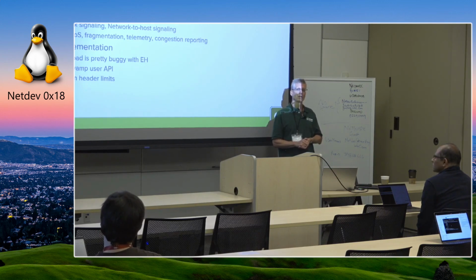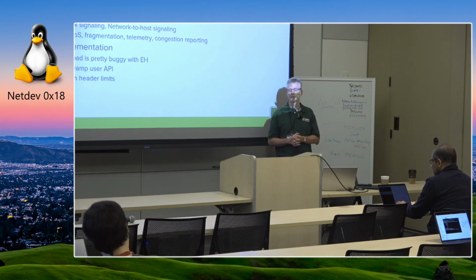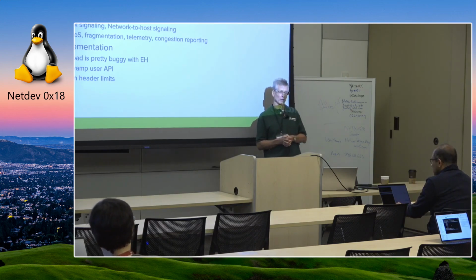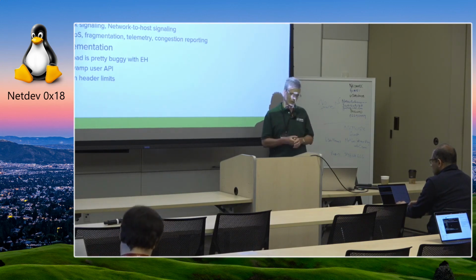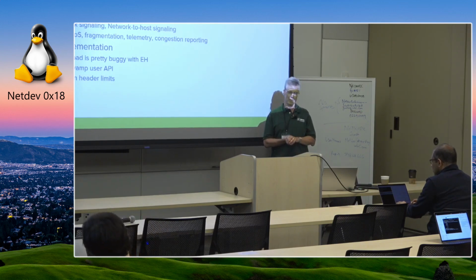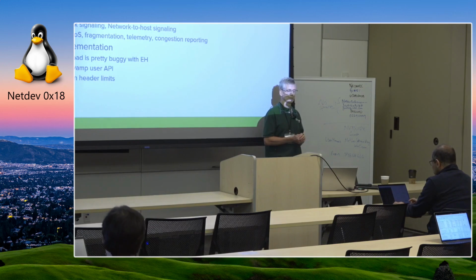How much do we really need? So let's say we have fragmentation and a few bytes of options. I think there's a strong motivation to always keep extension headers small anyway. So the analysis was, assuming a few bytes of extension headers or some hop-by-hop options, this is pretty realistic for use cases we saw on the internet.